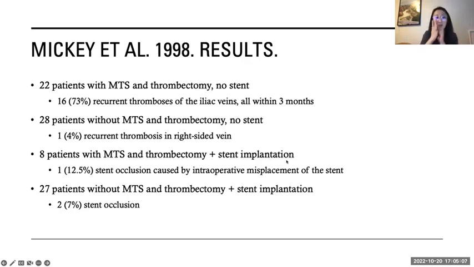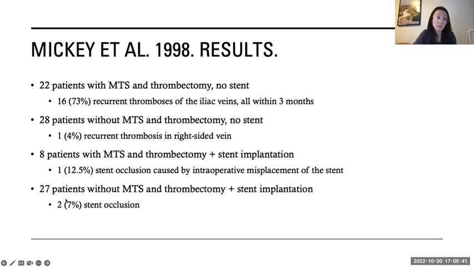This is not a randomized trial, so we have to obviously keep that in mind, but these numbers were very different. If we compare these patients who did not have a stent placed, with and without MTS, we can see that the risk of recurrent thrombosis is much lower without MTS. So 73% in those who did not have a stent and had thrombectomy with MTS, and only 4% in those who did not have MTS with no stent.